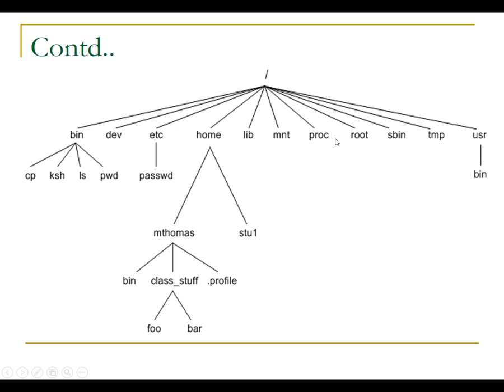Then there are various directories written over here. Yes, here you can give your own name also. That directory contains its subdirectories. Even the directory contains files. And this architecture continues till the total storage of the secondary storage device.